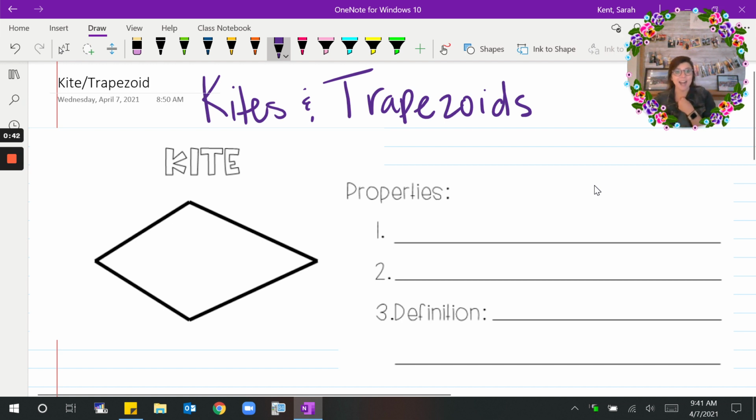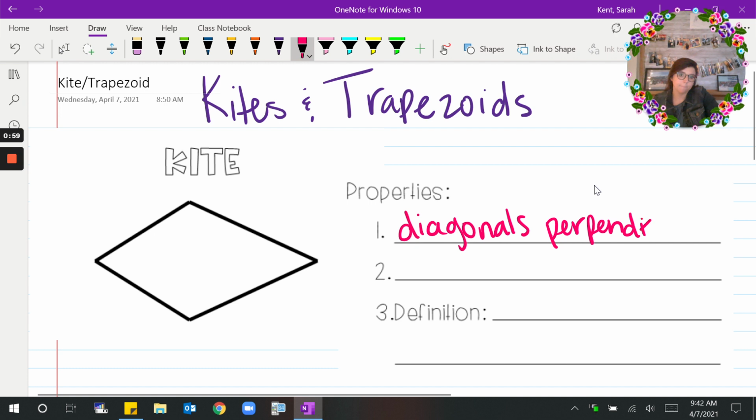So for our kite, we've got 2 properties in our definition. Property number 1 is that the diagonals of a kite are perpendicular. So that means they cross at 90 degrees.